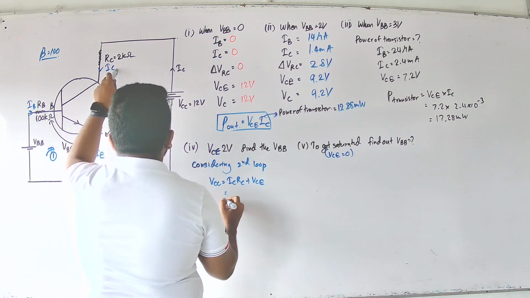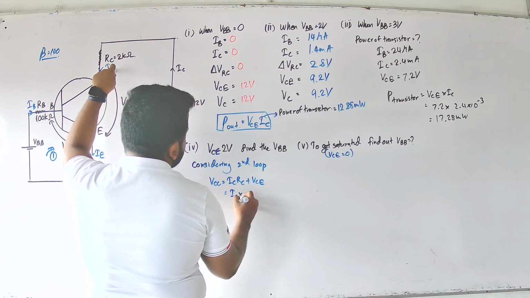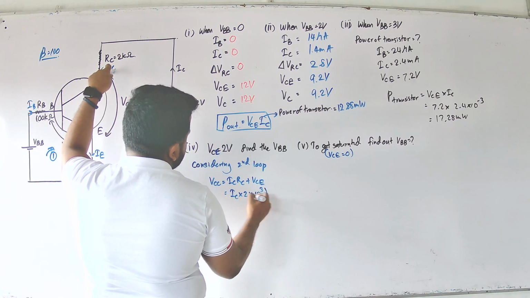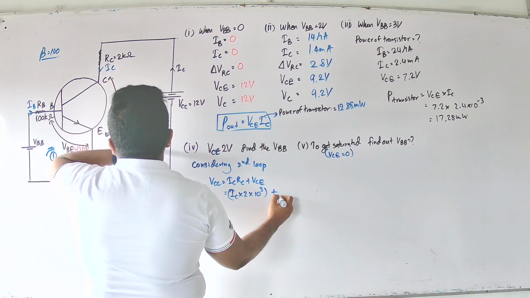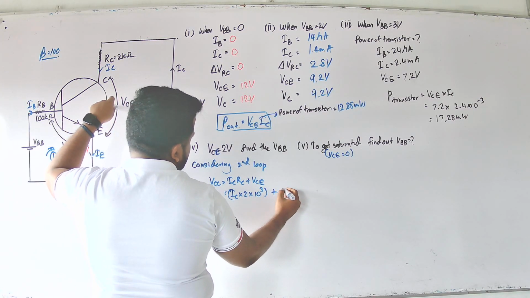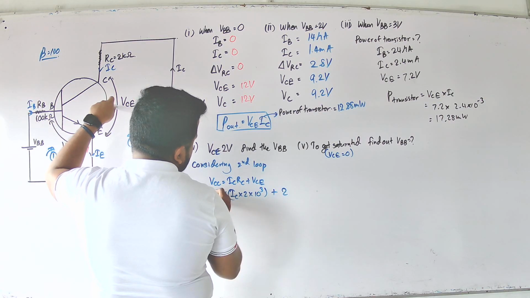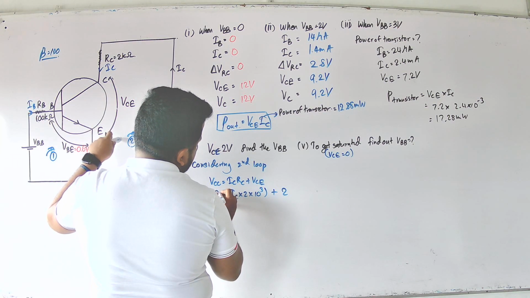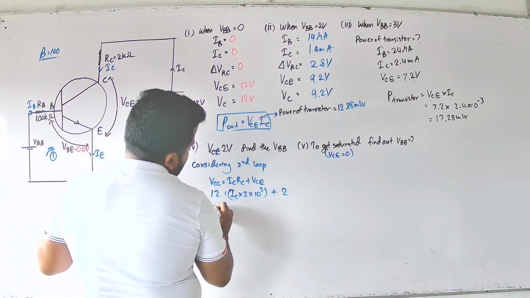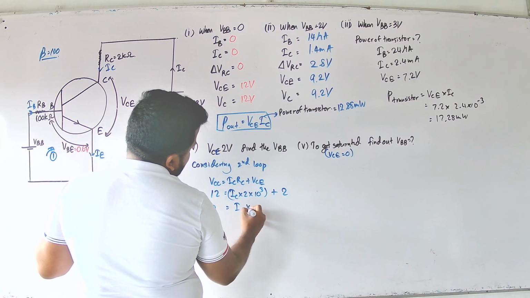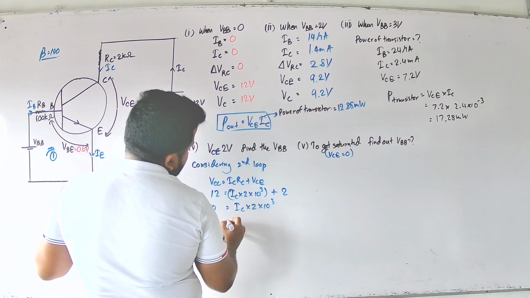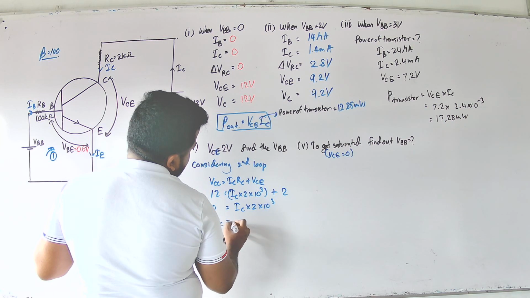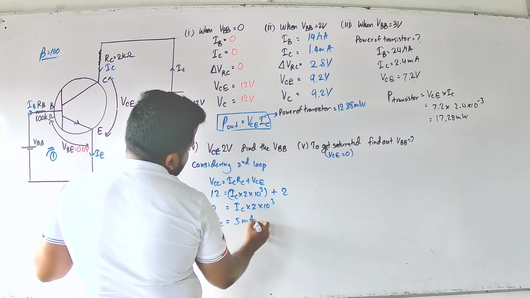ICRC is IC into RC, 2 × 10^3. VCE is 2 volt and VCC is 12 volt, so that means 10 volt equals IC into 2 × 10^3. So IC equals 5 milliamperes.